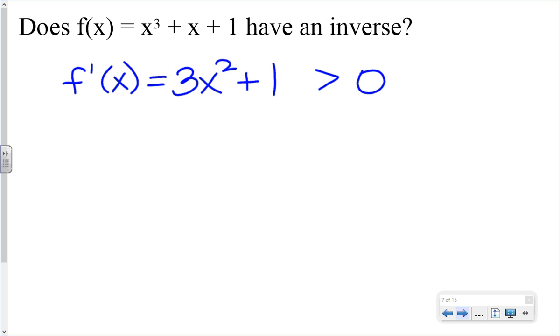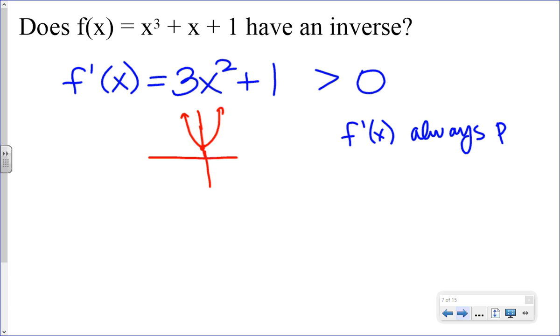If we think about this derivative graph, we know that it's a parabola that is narrow and up 1. That's always positive. So, since our derivative is always positive, then f of x has an inverse.